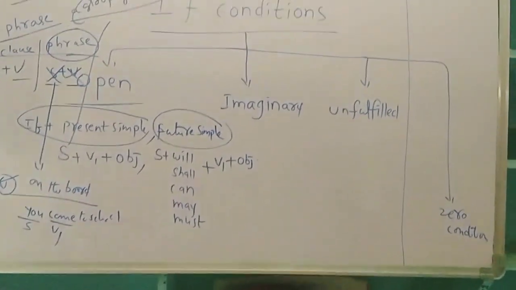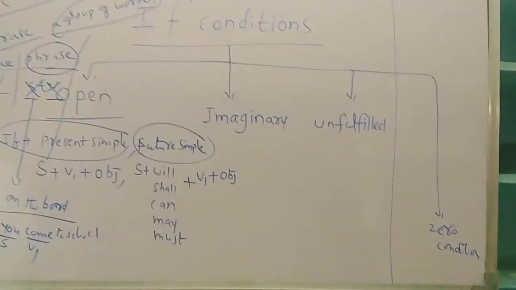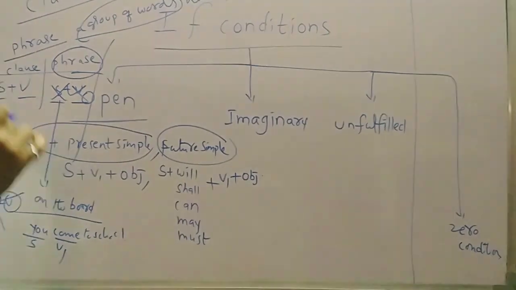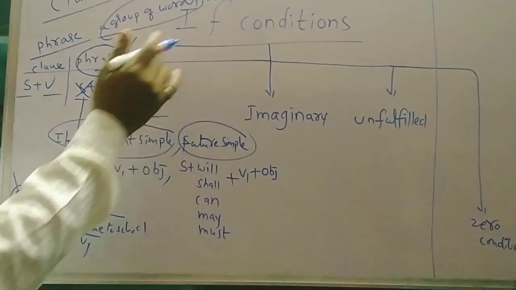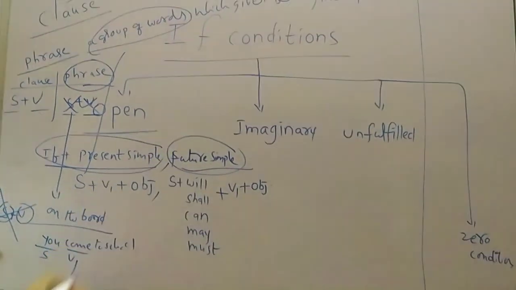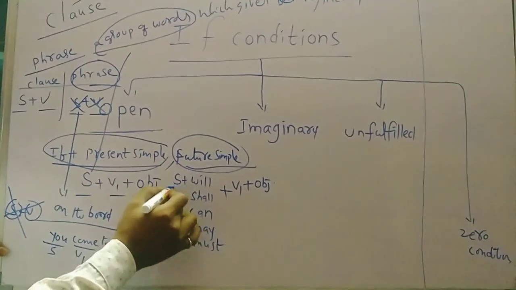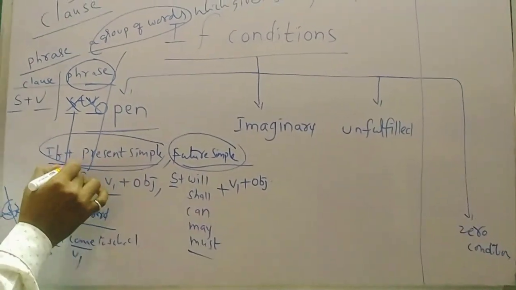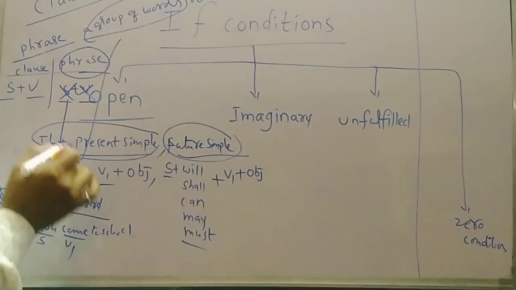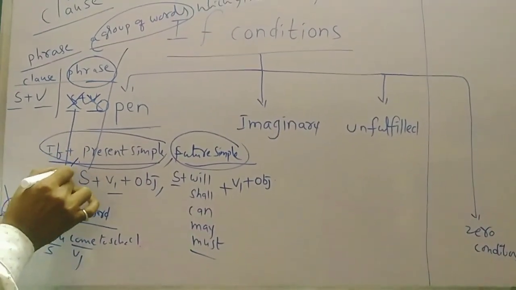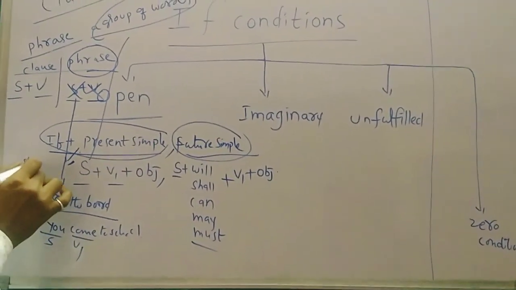Okay, fine. So now you understand what is a clause and what is a phrase. In if conditions, we have 2 clauses: subject verb, subject verb. So this is the if clause and this is the main clause. The other name for if clause is dependent clause.